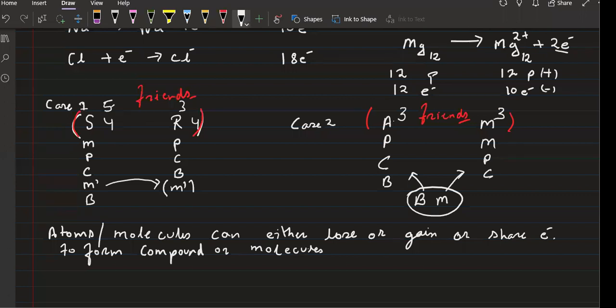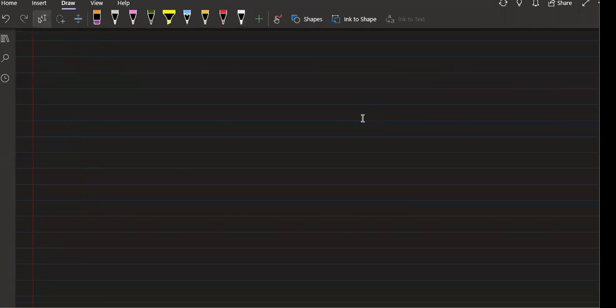Right, everyone? Okay. So let's see some examples. So we have seen the example of NaCl, right? We have seen the example of MgCl2, right?